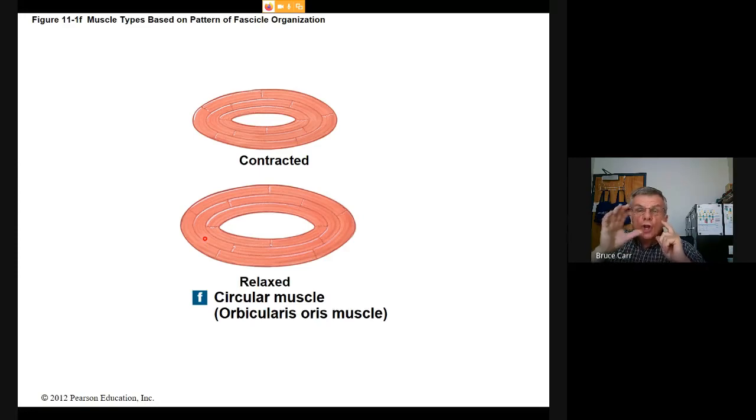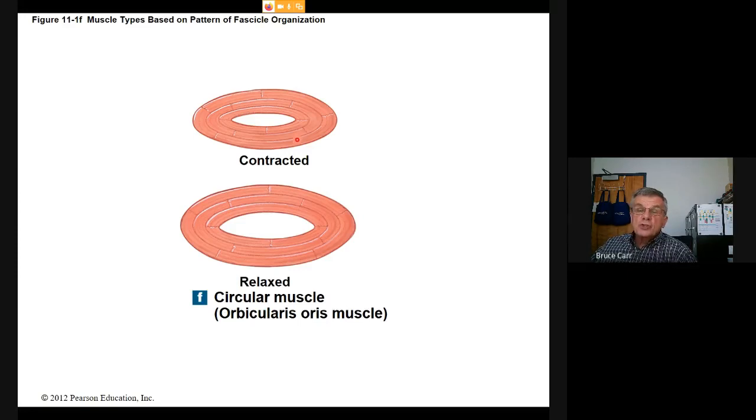But when we want to close the mouth, we can't cross the opening. So these orbicularis muscles are sort of like the drawstrings in sweatpants. When we relax, the opening falls open. When we contract it, it basically pulls down this circle into a smaller and smaller circle.